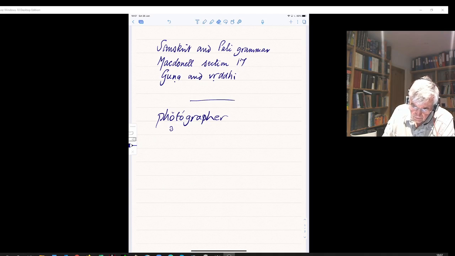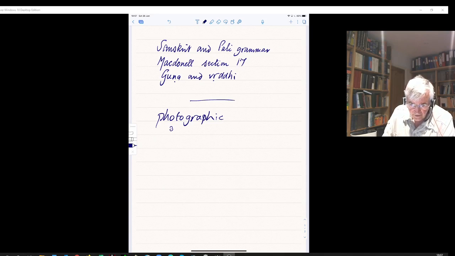Let us now change it. What happens if we put an IC on the end? It's not photograph, it's photographic. So again, because of the difference in stress, the quality of the vowels changes.